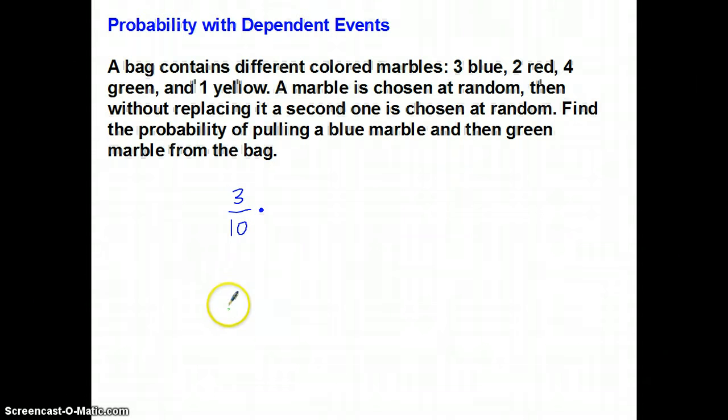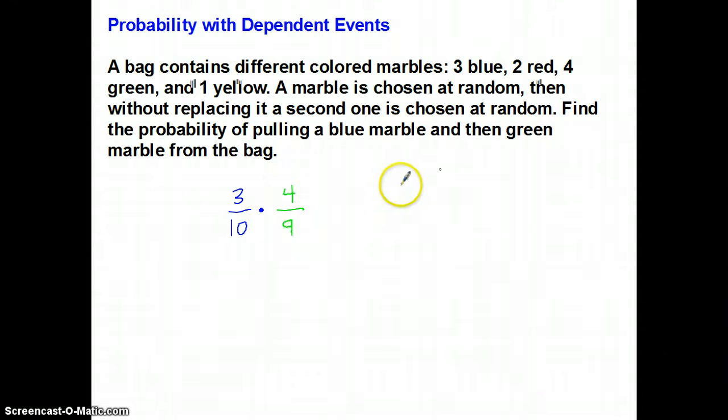And the reason why this is a dependent problem is because once we've pulled the blue, there's 1 less marble. And so now we have only 9 marbles in the bag. There's 4 green, so we have a 4 out of 9 chance then of getting a green.